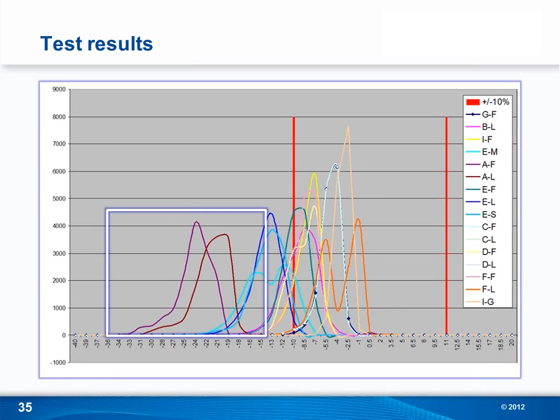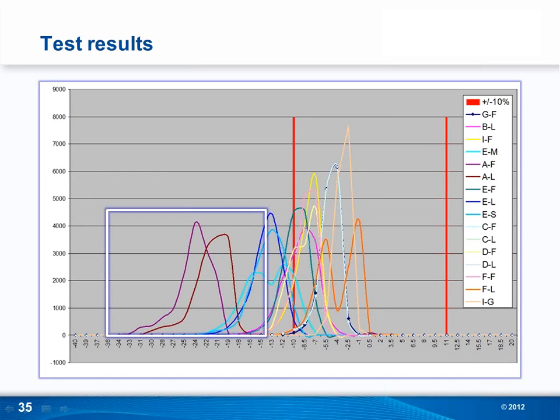Going back for a moment to the graph that showed all the distributions of the stencils, we want the distribution to be less than 10%. So some graphs are narrow and high, some are wide and outside the spec band.